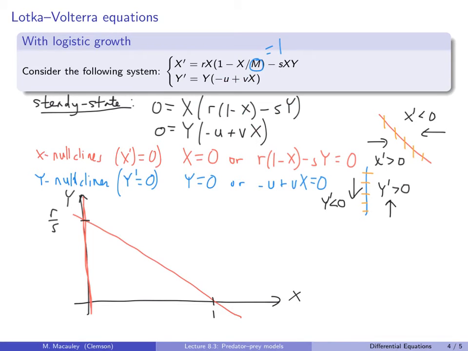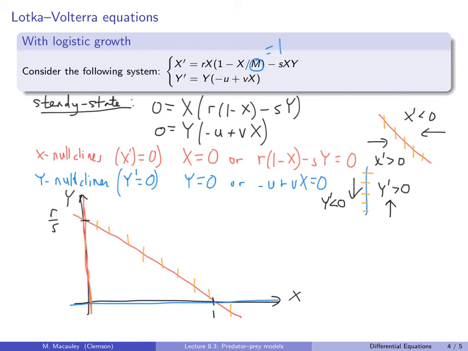So let's fill in these little hash marks. So along all of these x nullclines, we have vertical little bars. You can't really see them here, but that's fine. And now the y nullclines are y equals 0. So that's here. And the other y nullcline is this equation, which is x equals u over v.